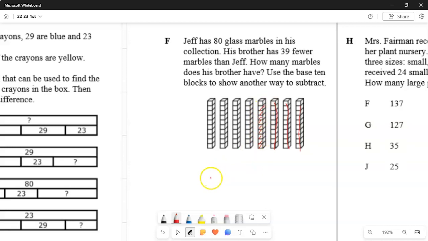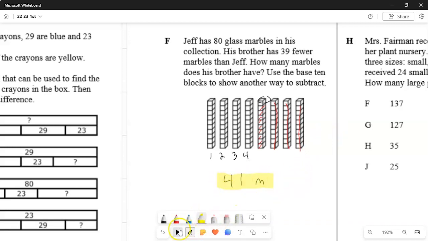You can see what I have left. I'd have 10, 20, 30, 40 plus one more up here, so that'd be 41. So that means his little brother has 41 marbles.